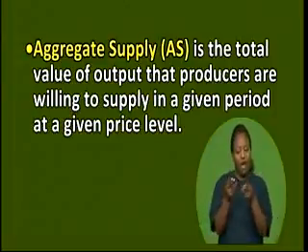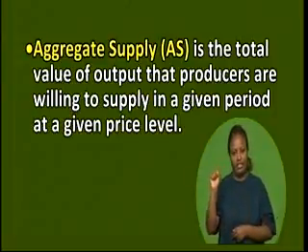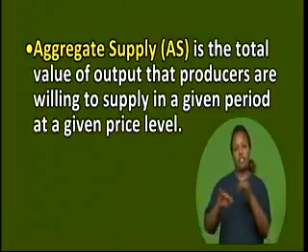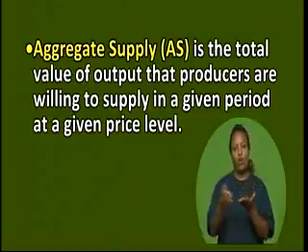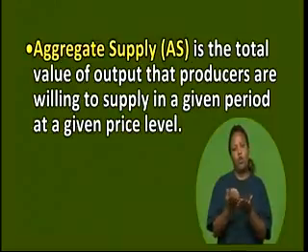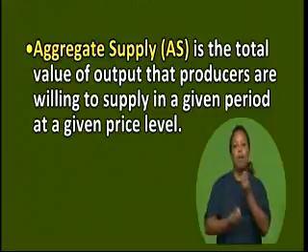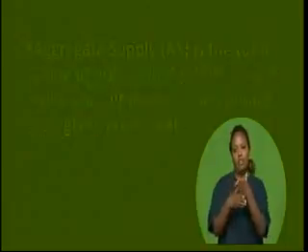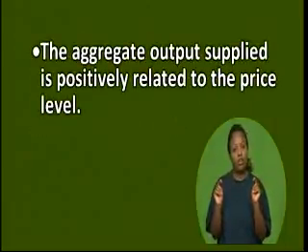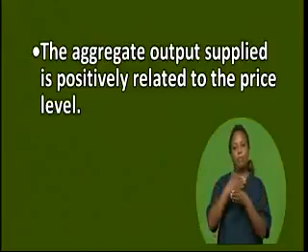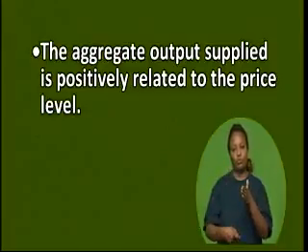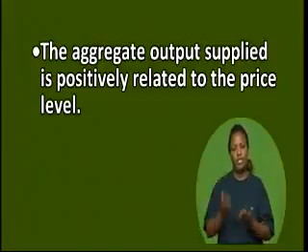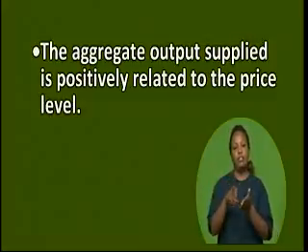Aggregate supply, abbreviated as AS, is defined as the total output that producers in an economy are willing and able to produce and supply to the market over a given period of time at a given price level. Normally, there is a positive relationship between aggregate output, real GDP, supplied and the price level.